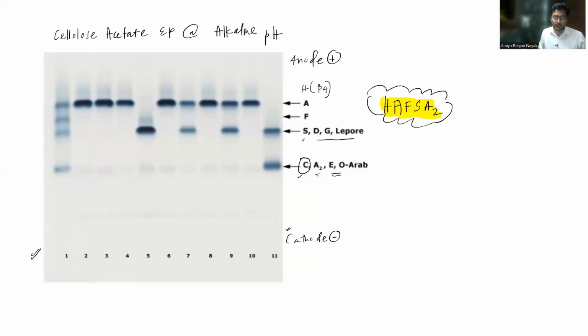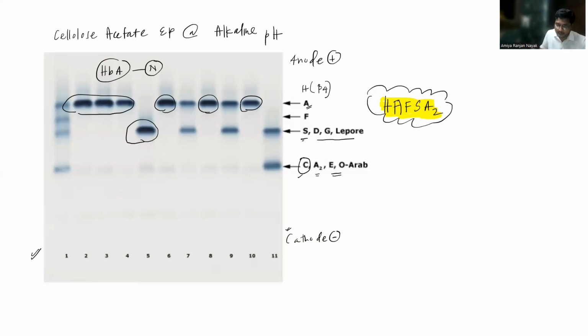Now we'll see how to interpret this. If you see these three and this one and this one, all these patients have only one band at A. That means all of them have predominant HbA, so they are normal individuals. If you see here, this patient has the band in the HbS region, so this patient is homozygous for hemoglobin S, HbSS.